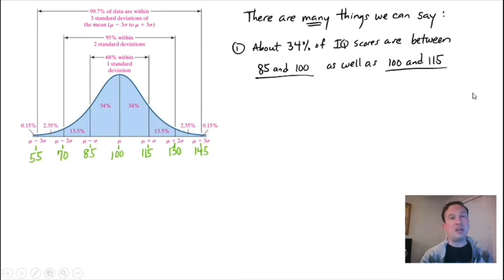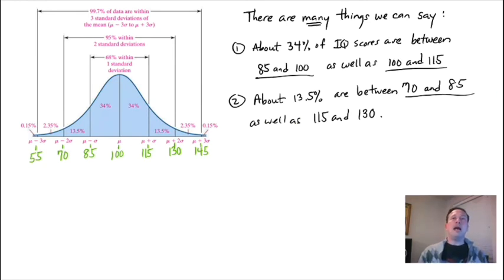So we could also say 34% of the scores are between 100 and 115 as well. Let's use the 13.5s. So this wedge here is between 70 and 85, and this wedge is between 115 and 130. So therefore, we could say about 13.5% of the IQ scores are between 70 and 85, as well as 115 and 130.